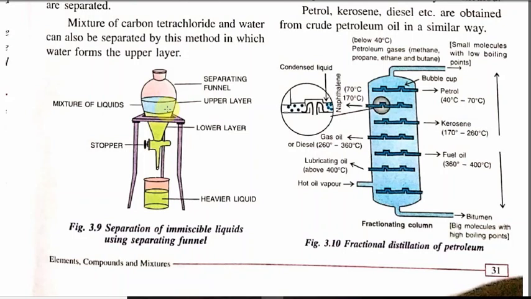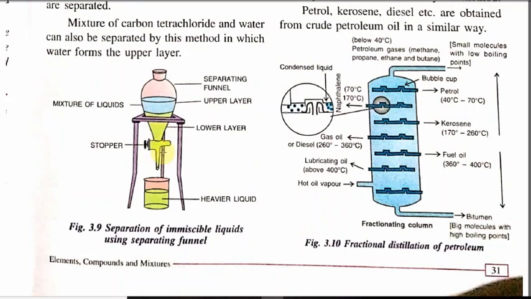The mixture of kerosene oil and water is placed in this separating funnel and left undisturbed for some time. Now it will form two layers. Water is heavier, so it will go to the bottom layer, and kerosene is lighter, so it will go to the upper layer. Now we have a stopper also. We will open the stopper.